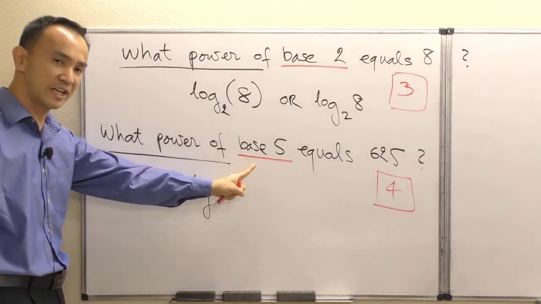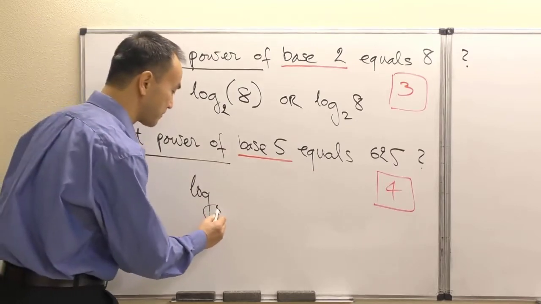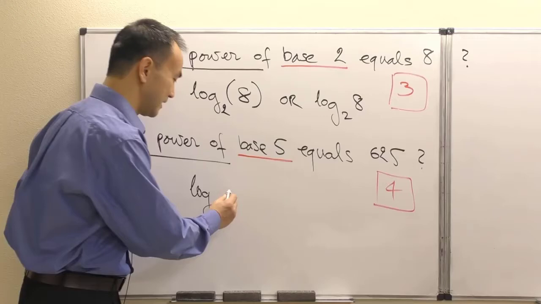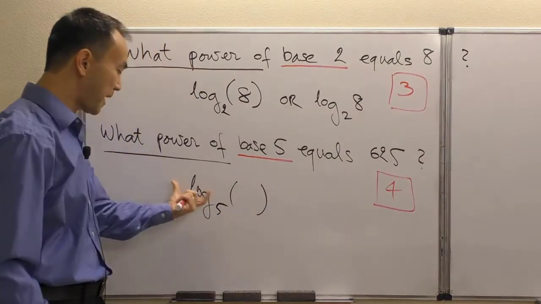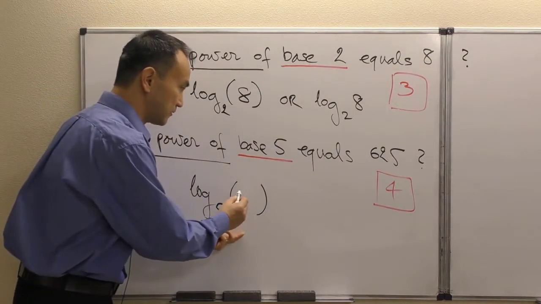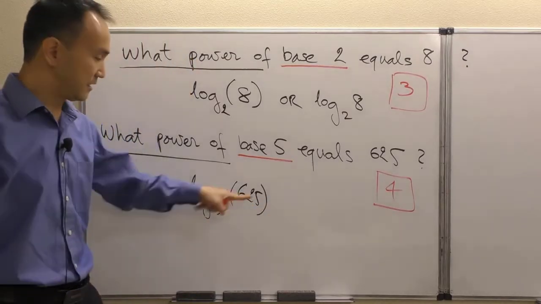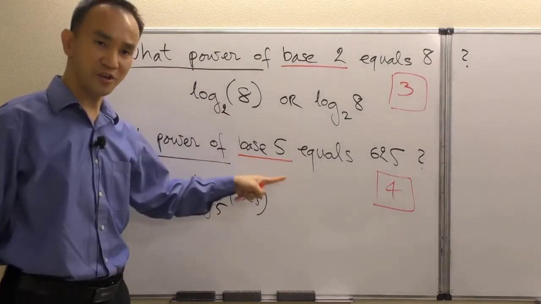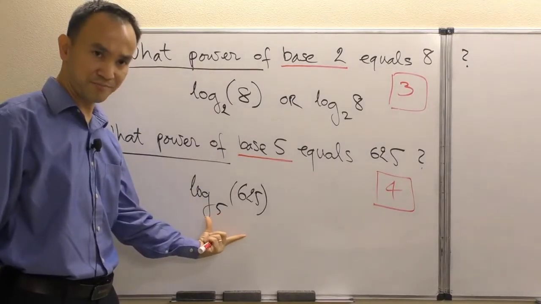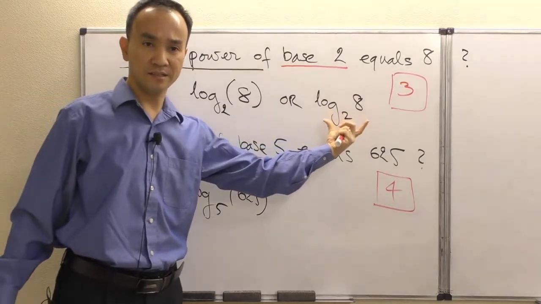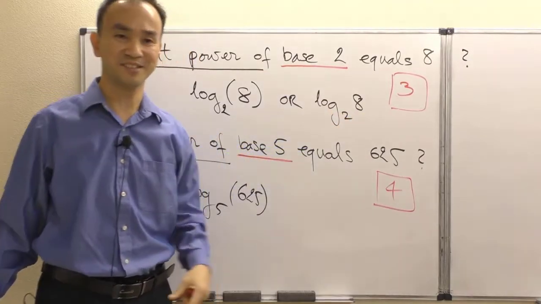As soon as base 5 is recognized in the question, we put that as a subscript. Then the formal version: what power of base 5 to equal 625, so I put the 625 in parentheses. Ladies and gentlemen, that is another question for us right here. It's a question.